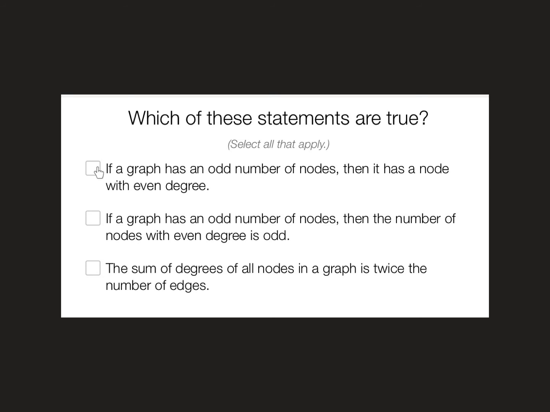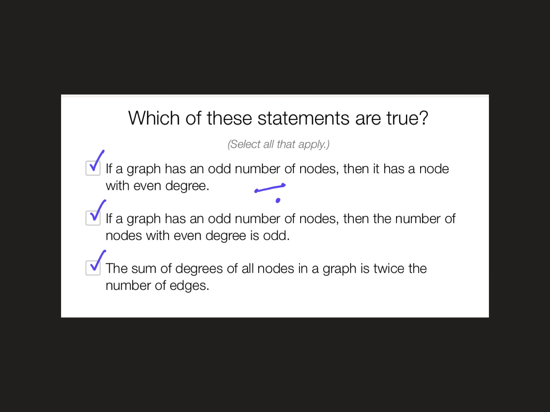Please do spend some time thinking about all of these, and by all means ask as many questions as you need to, but all 3 are correct. So if there's an odd number of nodes, then it has a node with even degree. It has to happen because if you have an odd number of nodes, either they're all 0, or as soon as I start connecting, now I've got 2 that are odd, and then the 0, which we're just going to consider even here, would be 1.